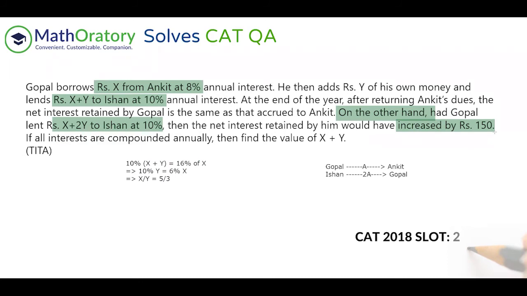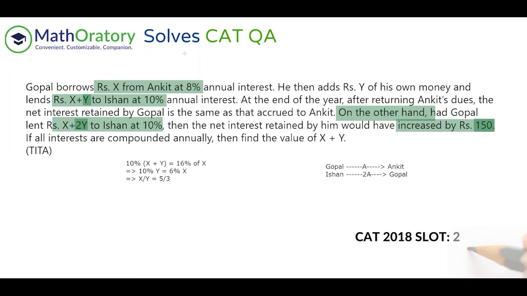Only Gopal to Ishan has changed. So whatever Gopal pays to Ankit is still the same amount. So this extra 150 rupees should come from the extra Y: here we had Y and now we have 2Y. So the extra Y generates this 150.